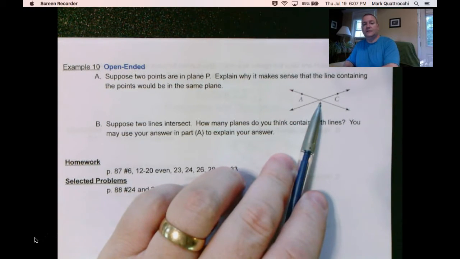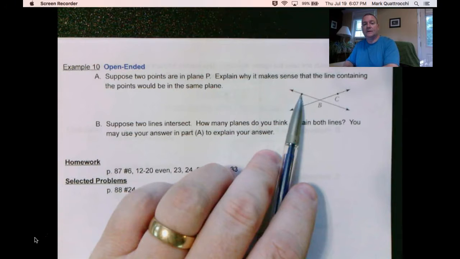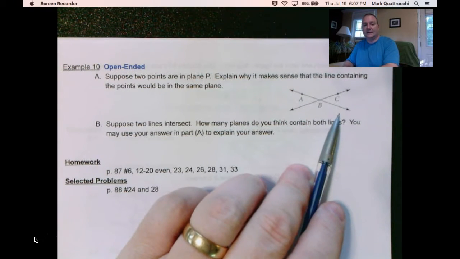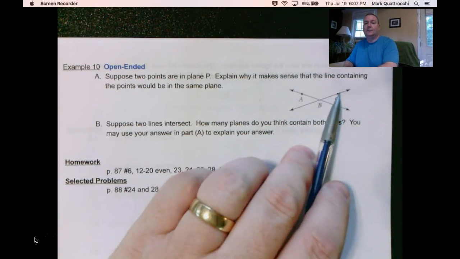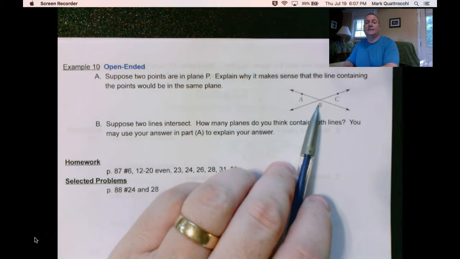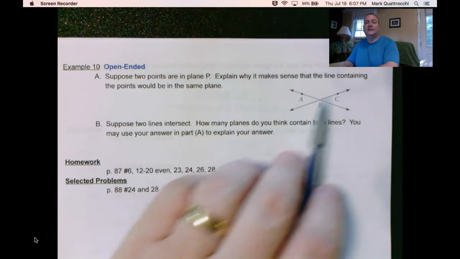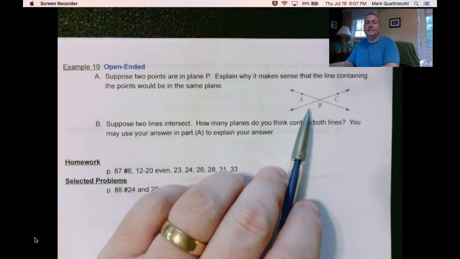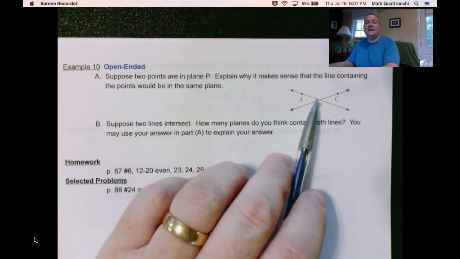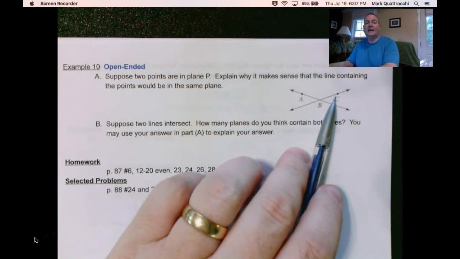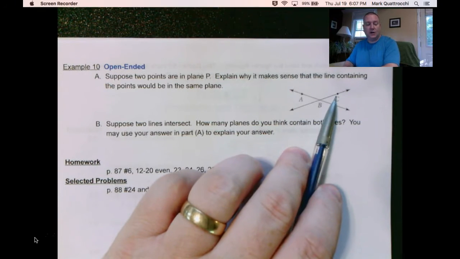points A and B are in the same plane, so line AB has to be in that plane. Points B and C are in a plane, line BC must be in that plane. Points A, B, and C are three non-collinear points.